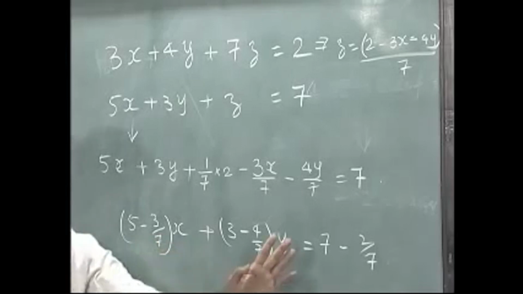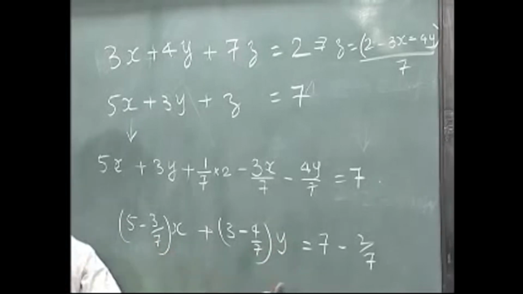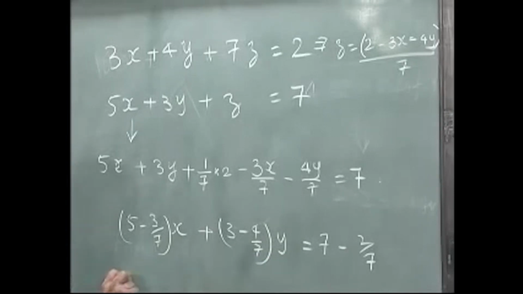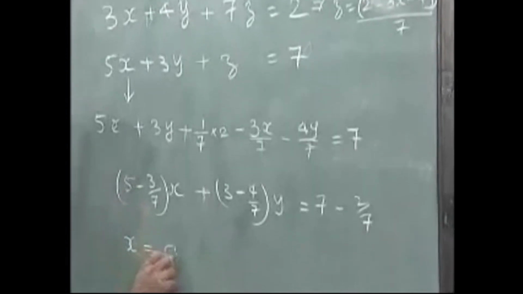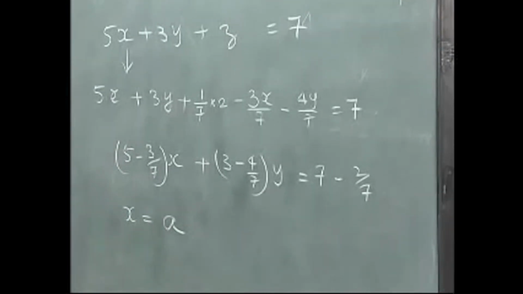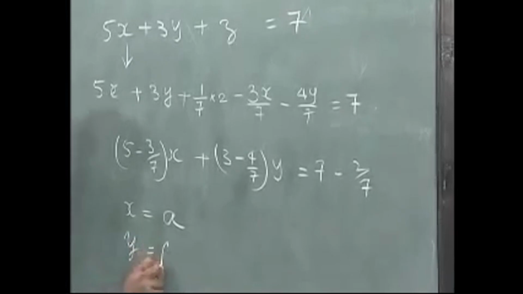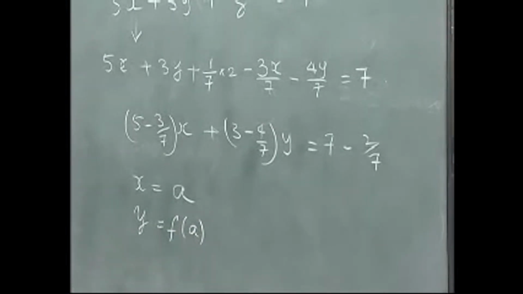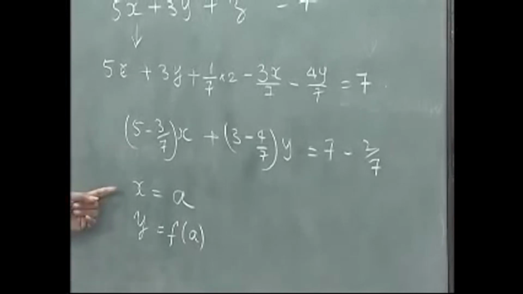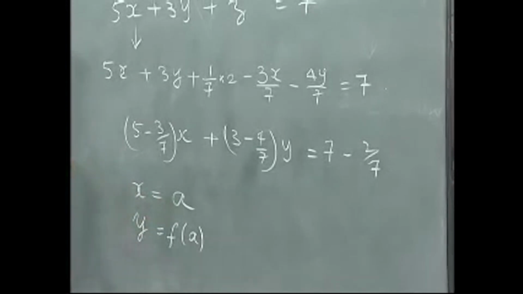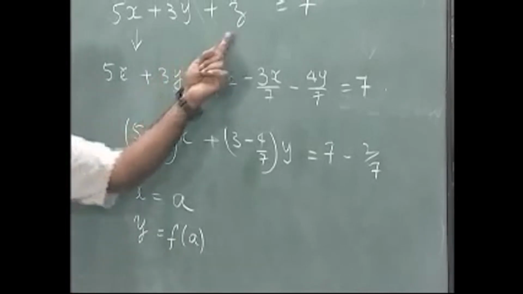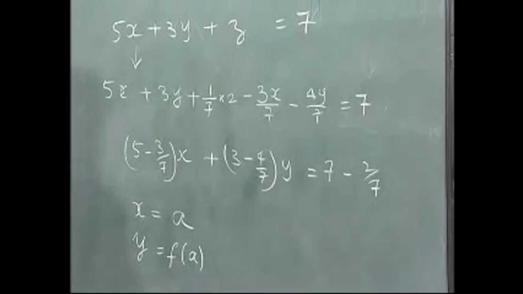So, in this particular case, even though I have two unknowns, I can write one of them in terms of the other. Let us say I am going to put x is equal to some arbitrary a. Can I write y as a function of a? If I say x is some parameter a, can I write y in terms of a, can I write z in terms of a? The answer is yes.